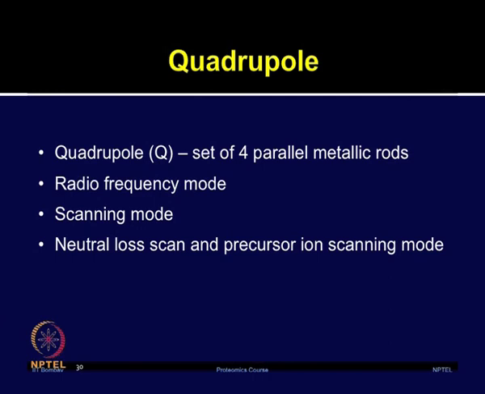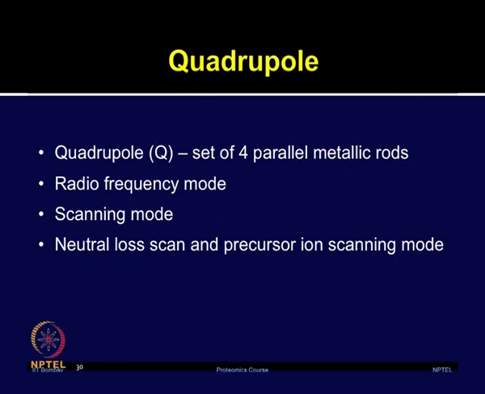So, as we talked, a quadrupole is a set of 4 parallel metallic rods, with opposite pairs electrically connected. The different modes one can use for this analysis: RF or radio frequency mode, which allows ions of any m by z ratio to pass through; scanning mode, where ions of selected mass by charge can be allowed to the detector.